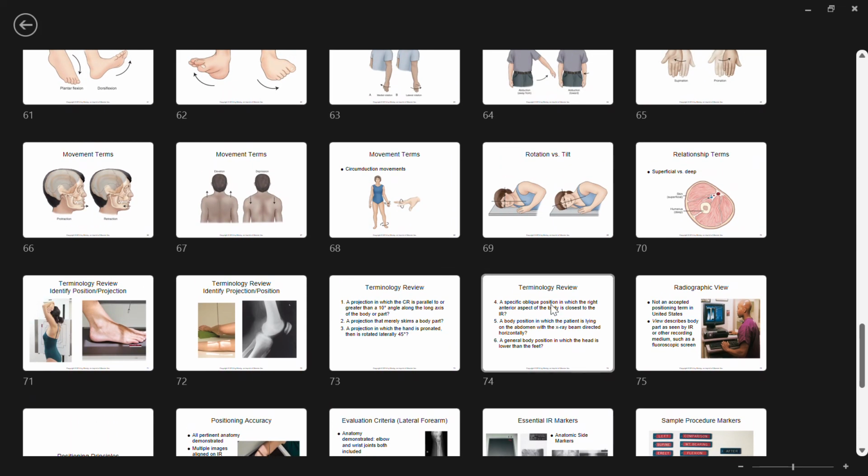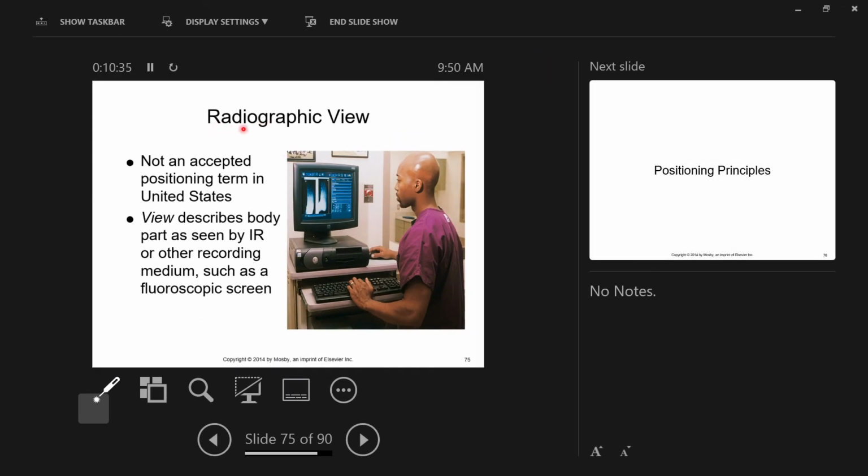Here it is. A term we're going to try to shy away from is radiographic view, okay? Although we sometimes just use the word, okay? Radiographic view is not a technically correct term, at least for the way we use it. At least it's not acceptable in the United States as a technically correct term.